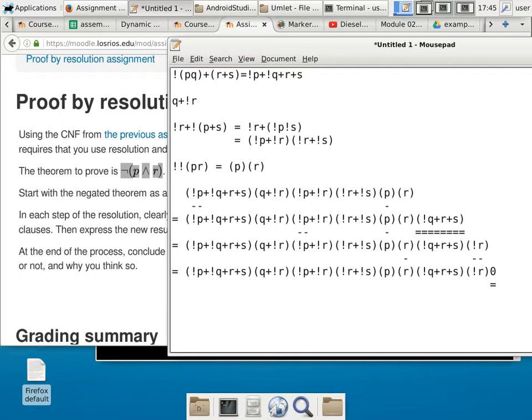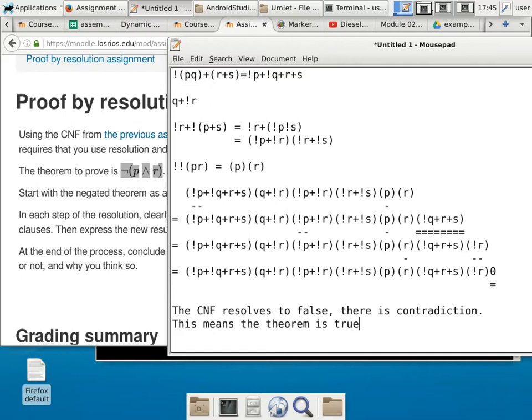So if I follow my own instructions here, then I will say the CNF resolves to false. There is contradiction. This means the theorem is true. Or something to the same effect. You can just say there's contradiction implies the theorem is true.